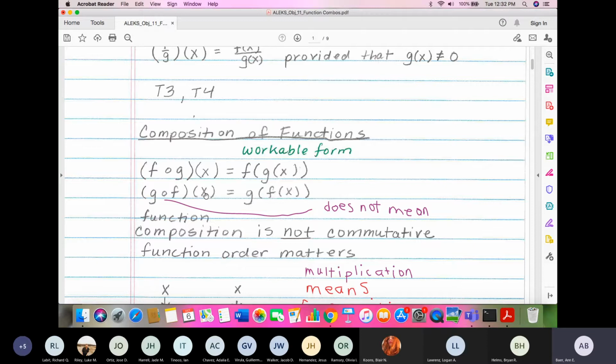So the way we get the workable form is we look at this and first we see F. So we write down F and then we write down a parenthesis. Then we write down the next letter, G, then a parenthesis. Of what? X. And then we close off these two parentheses that we opened up over here.